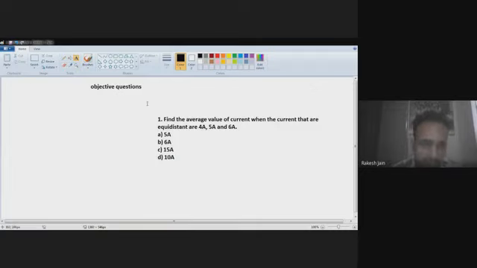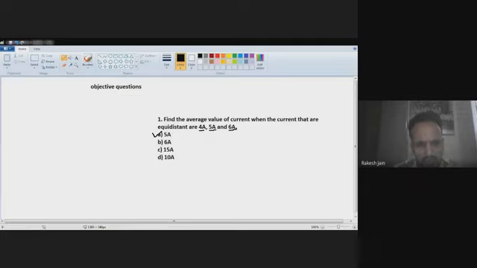In this case we cannot say that the average value of AC is equal to 0, because here some values are given. So how do we find the average? There are 3 values, so 4 plus 5 plus 6 divided by 3. 5 plus 4 is 9 and 9 plus 6 is 15. So 15 divided by 3 will be equal to 5 ampere.